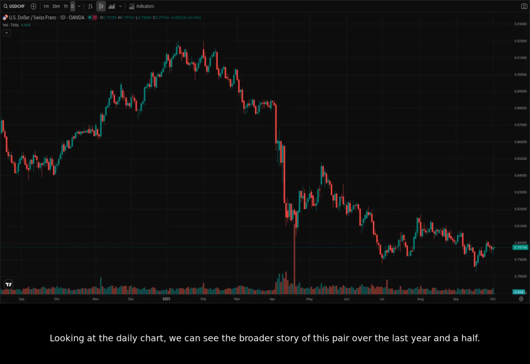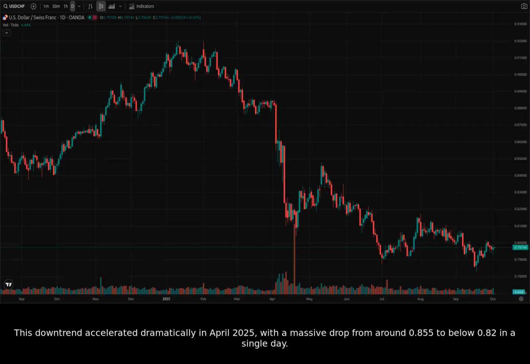Looking at the daily chart, we can see the broader story of this pair over the last year and a half. After peaking above 0.91 in May of 2024, USDCHF entered a prolonged and severe downtrend. This downtrend accelerated dramatically in April 2025, with a massive drop from around 0.855 to below 0.82 in a single day.